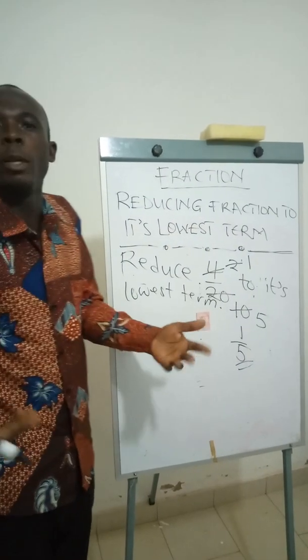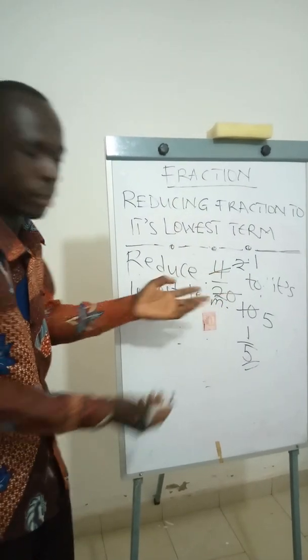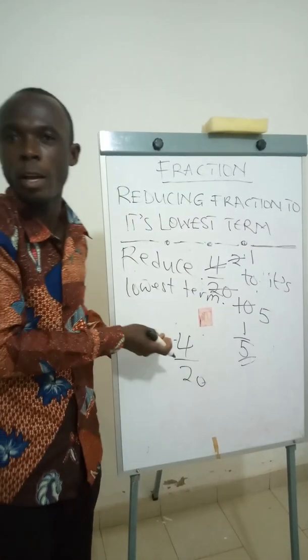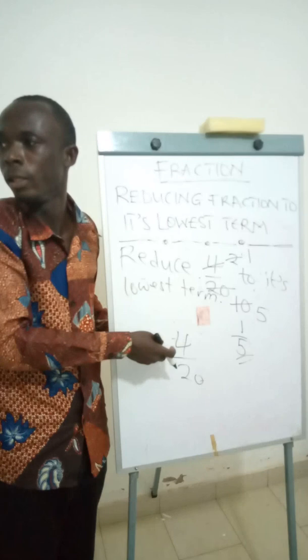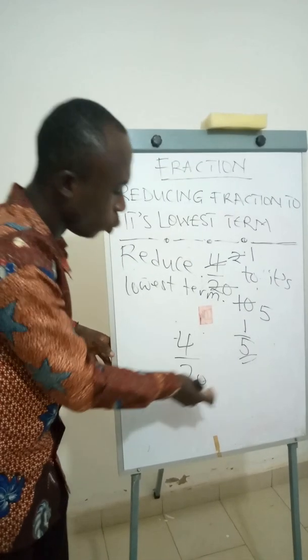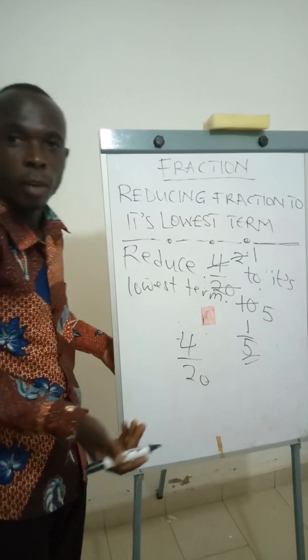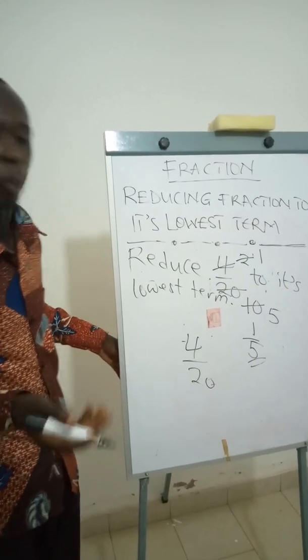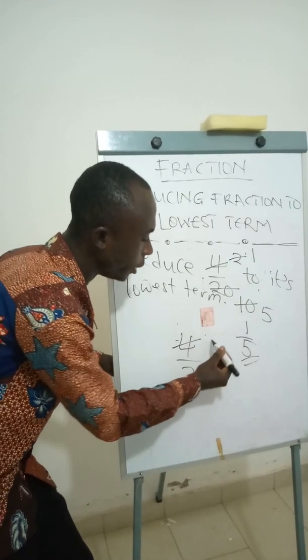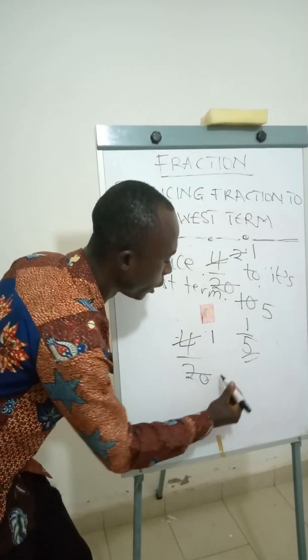The simplest method for this same question, 4/20: we have 4 as numerator and 20 as denominator. The common divisor, you can choose 4 straight once you know your multiples. Because 4 goes into 4, 1, and 4 goes into 20, 5.